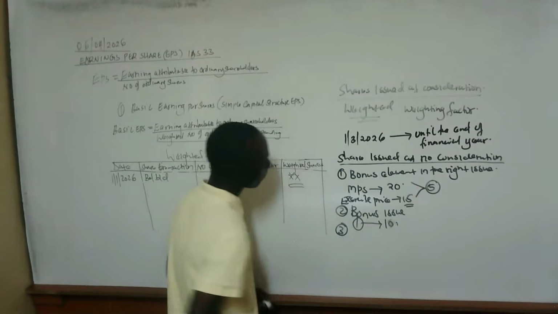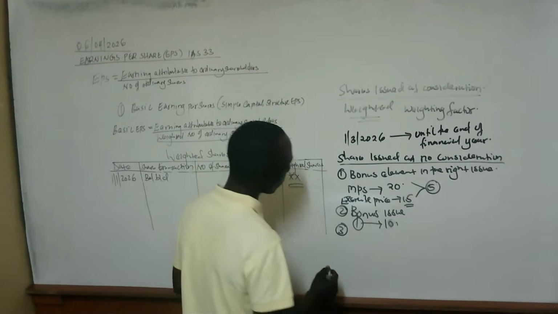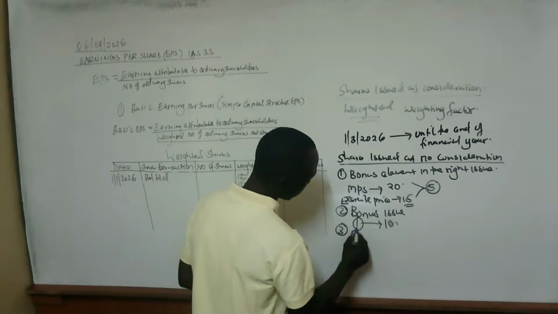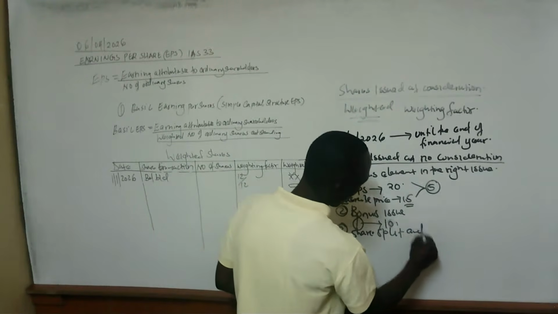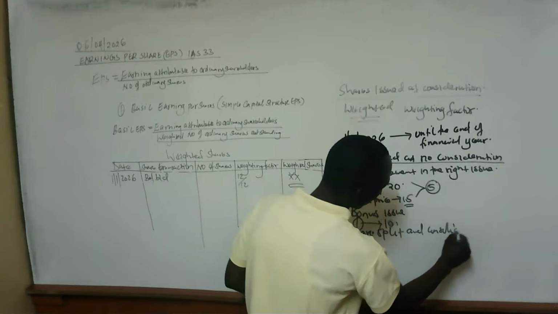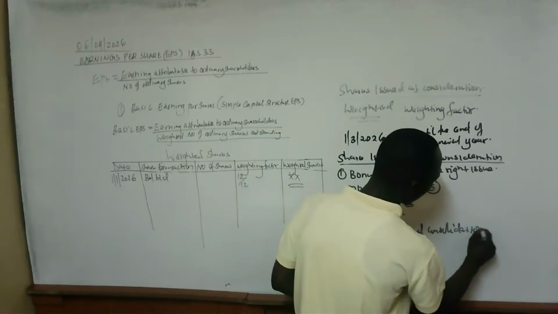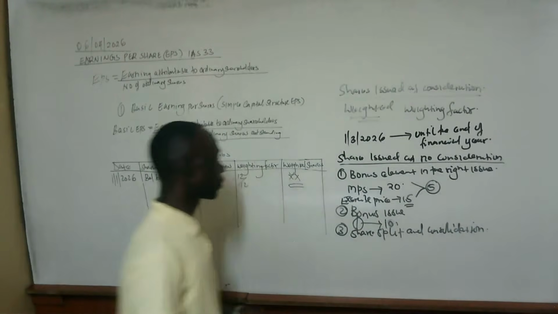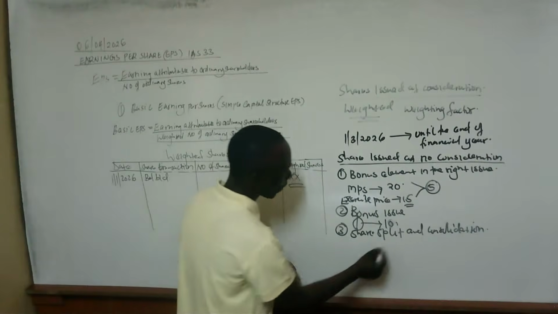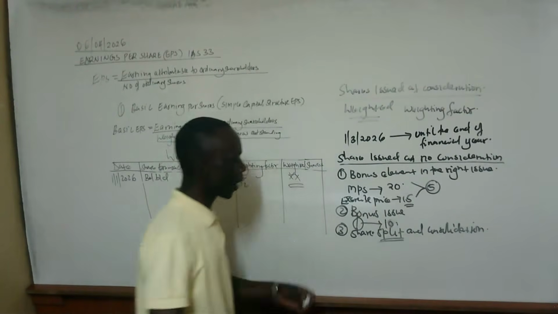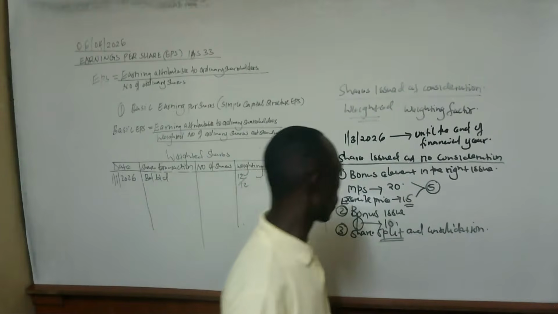Other than that, we are going to talk about the share split and consolidation. When we talk about the split, it is where you are going to spread the shares so that you can have more shares.